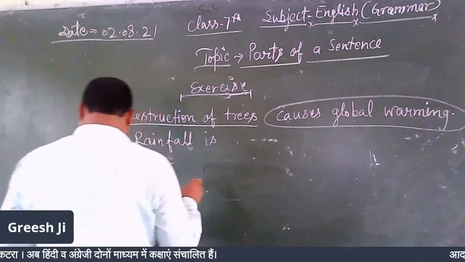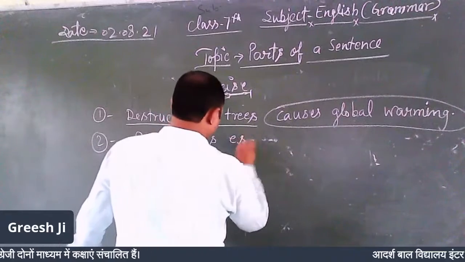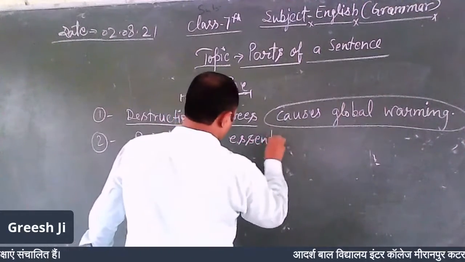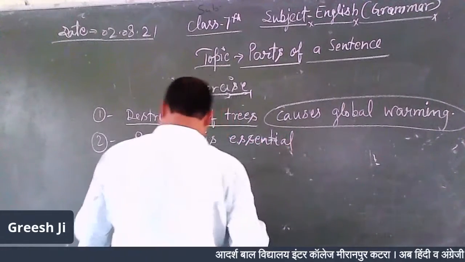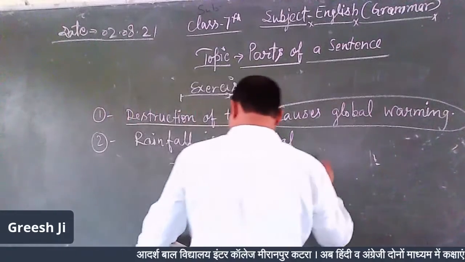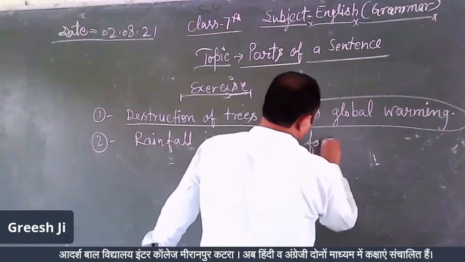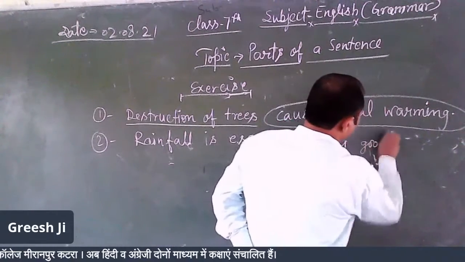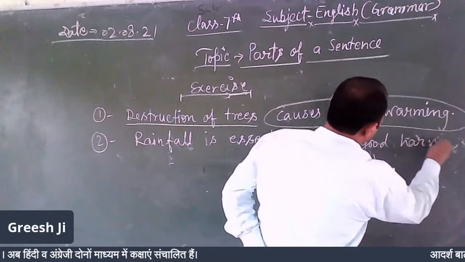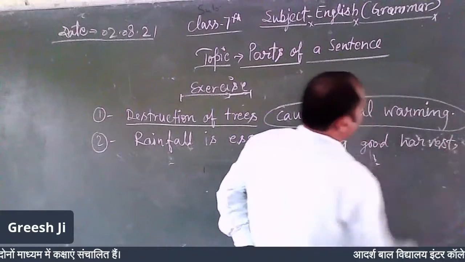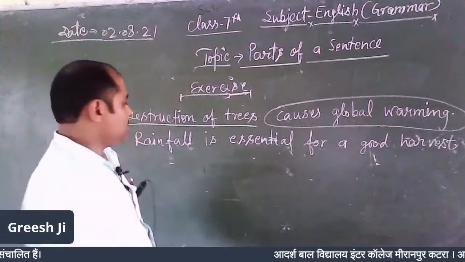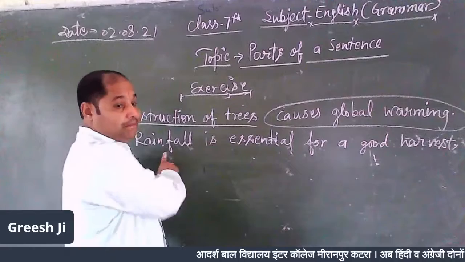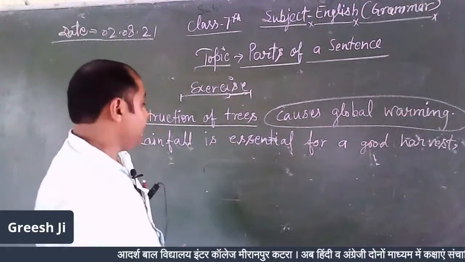Okay? Now, the second sentence is: rainfall is essential for a good harvest. Students, rainfall means बारिश.